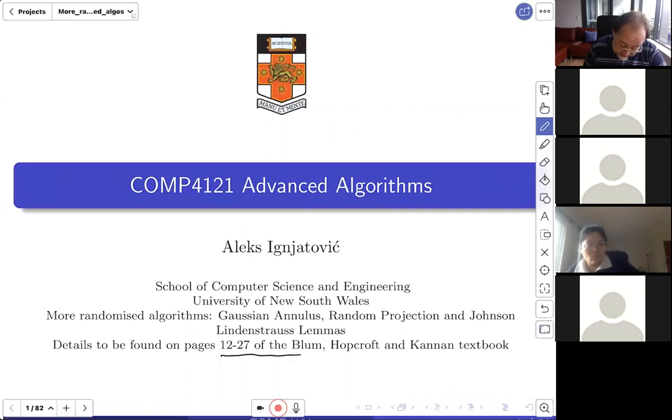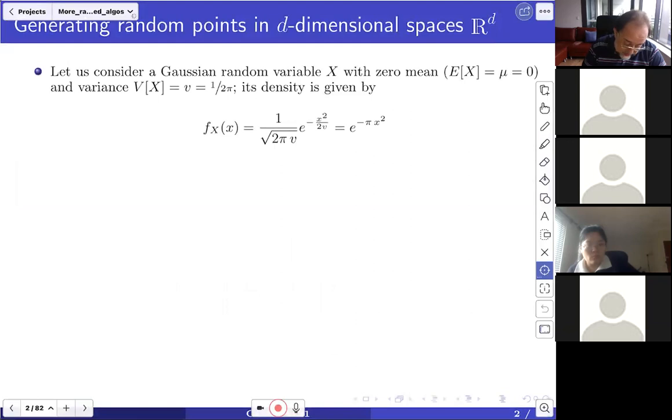And there is a much more detailed exposition in the textbook that I gave you a reference to.